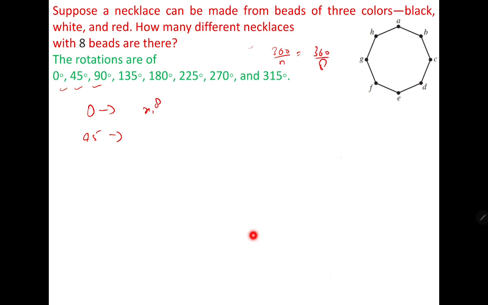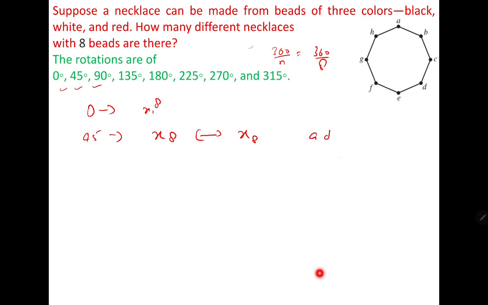Now for 0, there are 8 cycles of length 1. For 45 degree, you can see that A goes to B, B goes to C and so on. So it is x8. Now you can write down this cycle for 135 degree also. But if I just have to write down the cyclic structure, I know that it comes out to be a cycle of length 8.